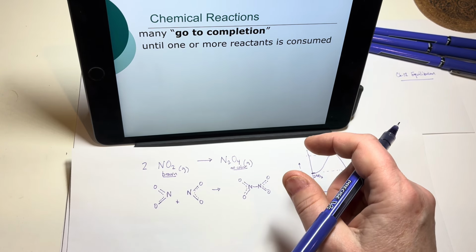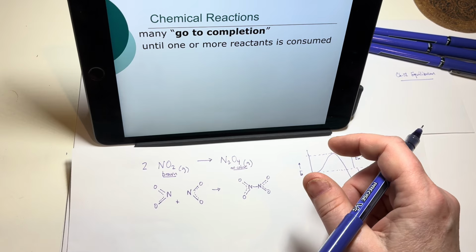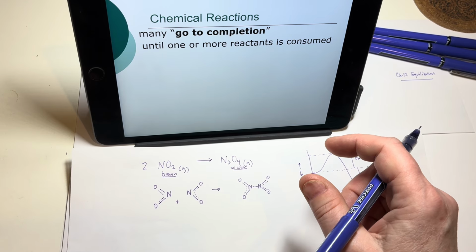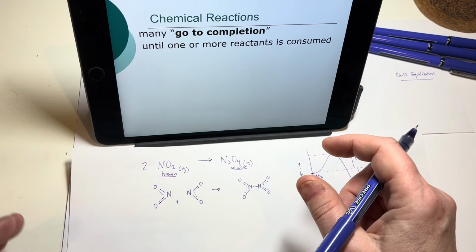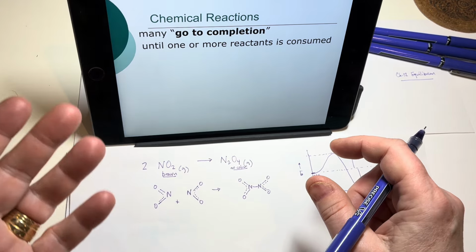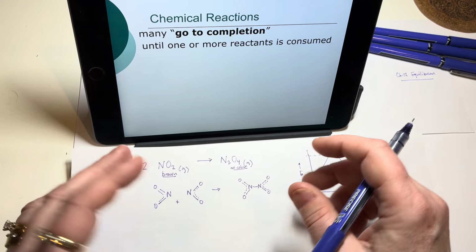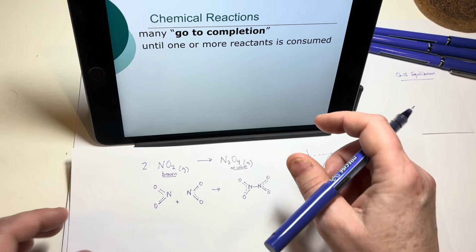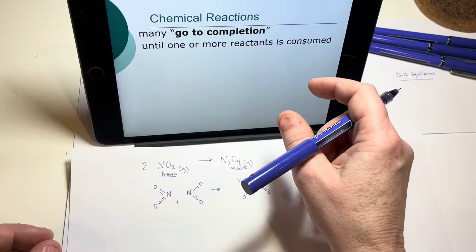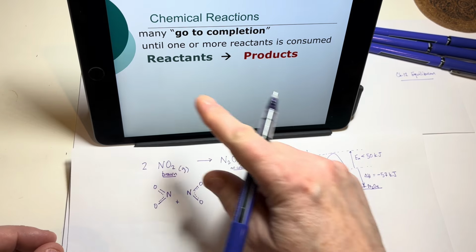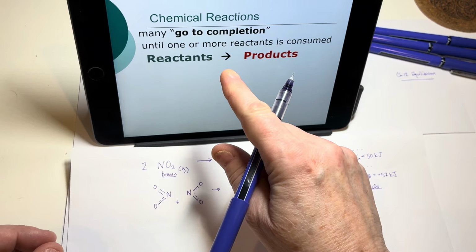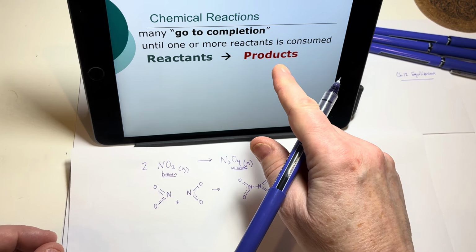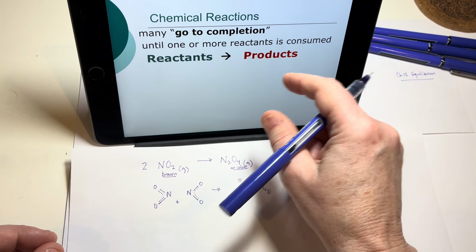By completion, we mean until at least the limiting reactant is consumed and disappears. So going to completion means until one or more reactants are completely gone, transformed into products. So we even write reactants transform into products. That's how we write our chemical equations.